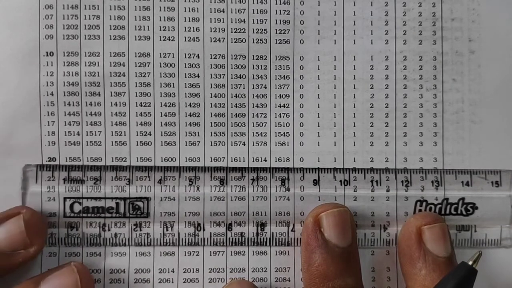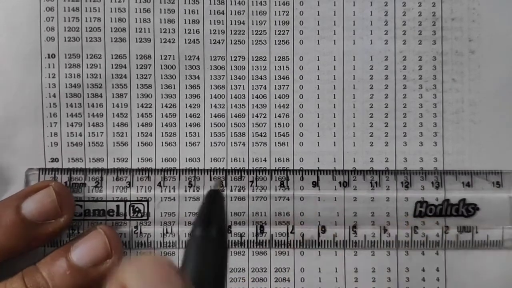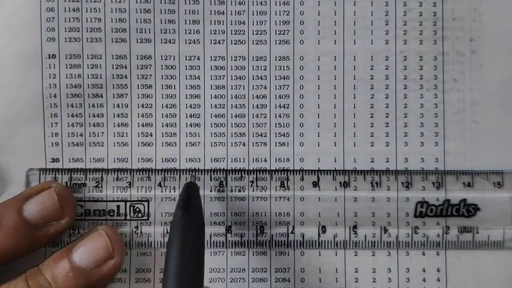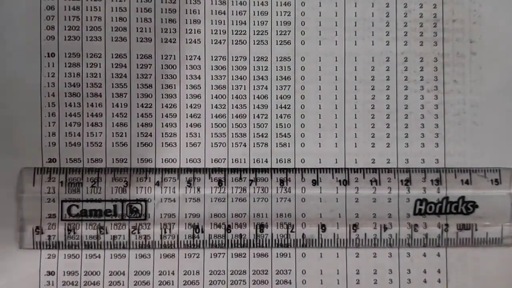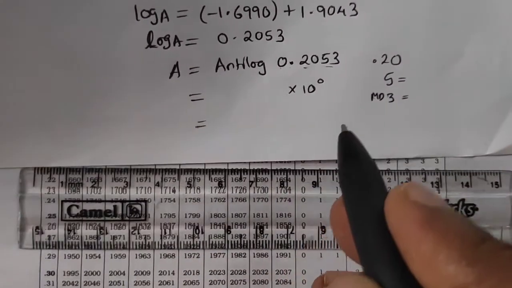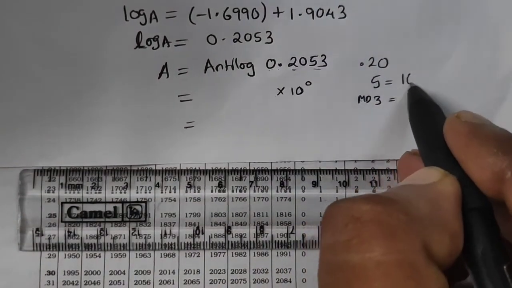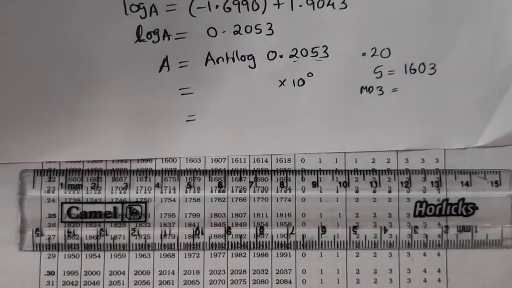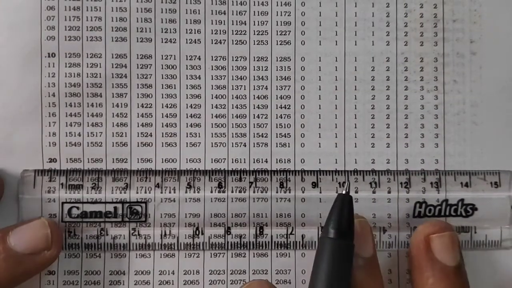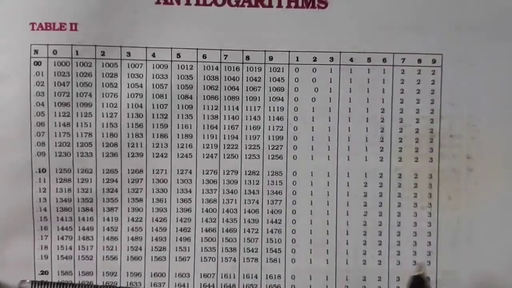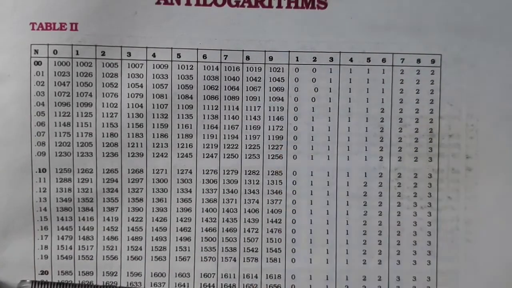Always use a ruler to read this. For 5, the value is 1603, so we write that here. Then for the 3, we look in the mean difference.